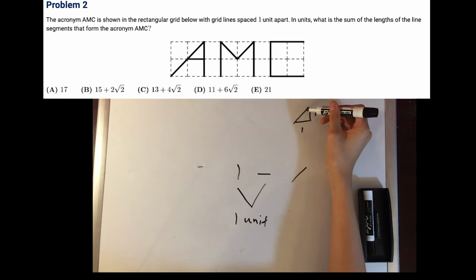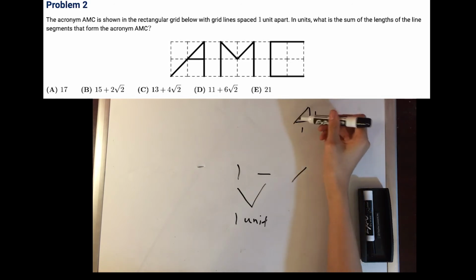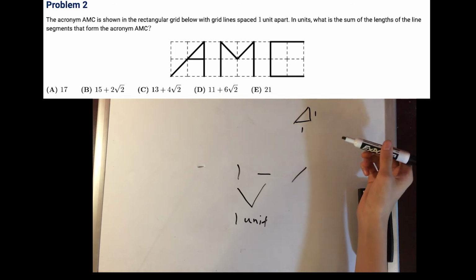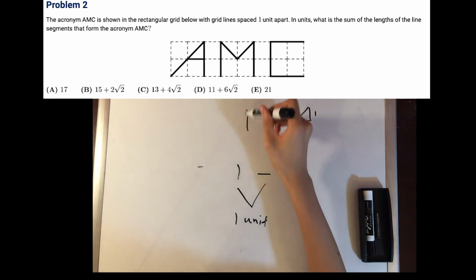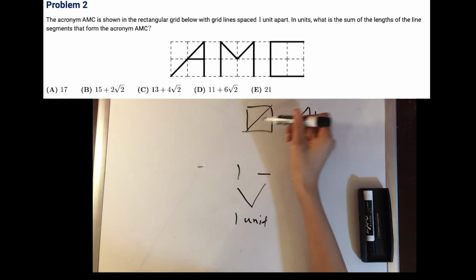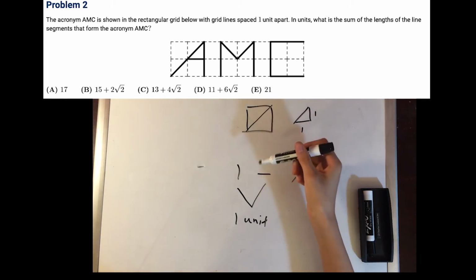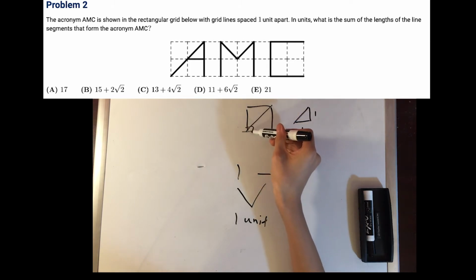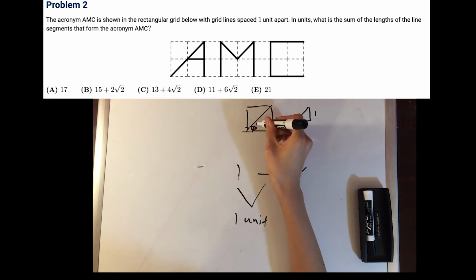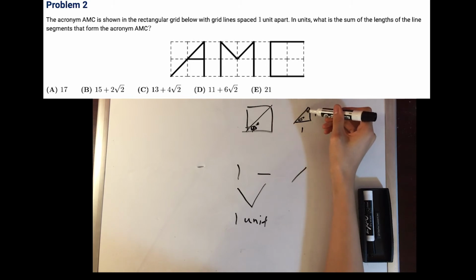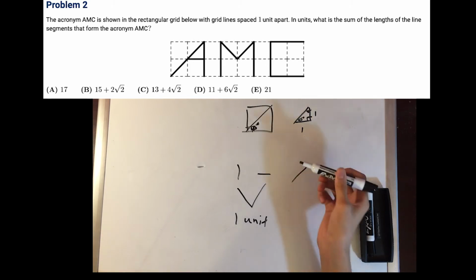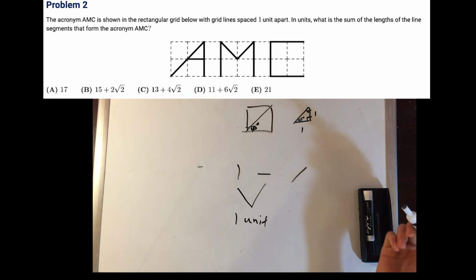So because this forms a triangle, this is going to be a 45-45-90 triangle because this diagonal goes in between a square. And when you have a diagonal going in between a square, it's going to cut this angle in half, right? And because this angle is 90 degrees, we're going to have 45 degrees here. So if this is 45 degrees, and this is 45 degrees as well, we have a 45-45-90 triangle.